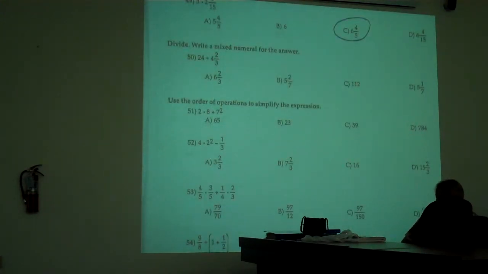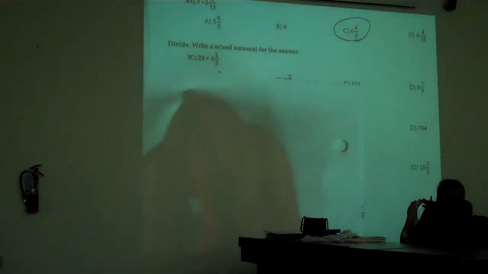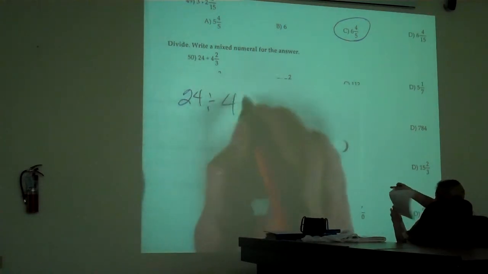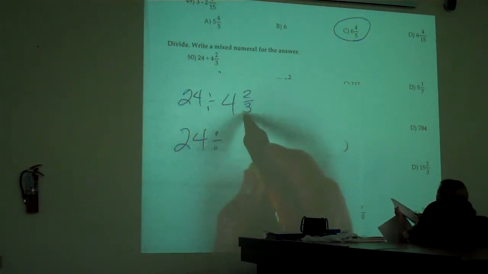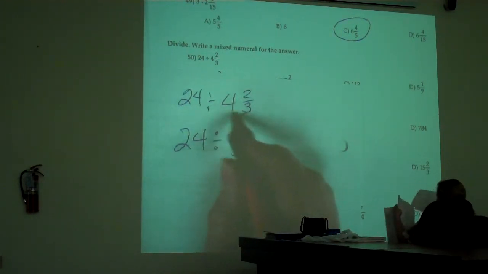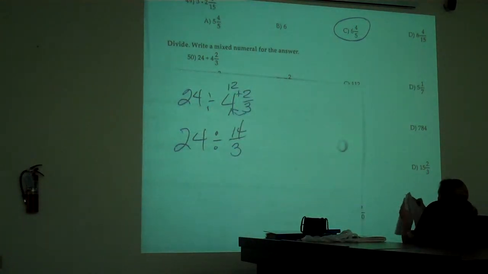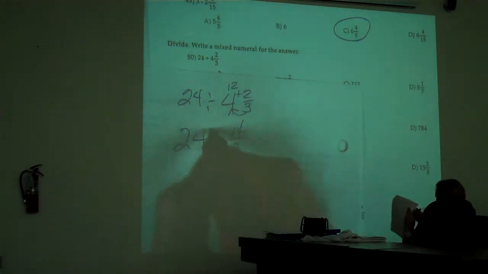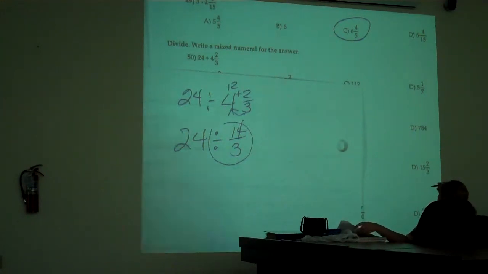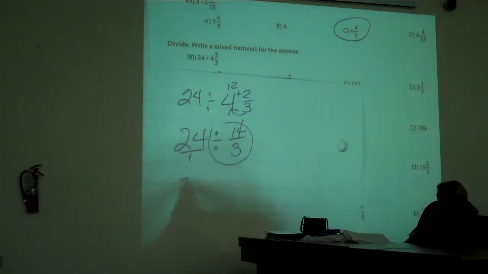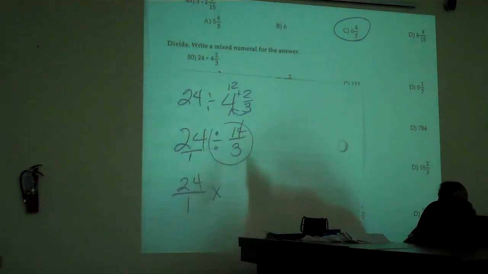Now, dividing. Do we need a common denominator to divide? No, just for add and subtract. So let's rewrite it where this is an improper fraction. 3 times 4 plus 2 is 14. It still has a division sign. To change it, we have to flip over the one that follows the division sign, not the first one. You always leave the first one. Now change it to multiply, flip it over.